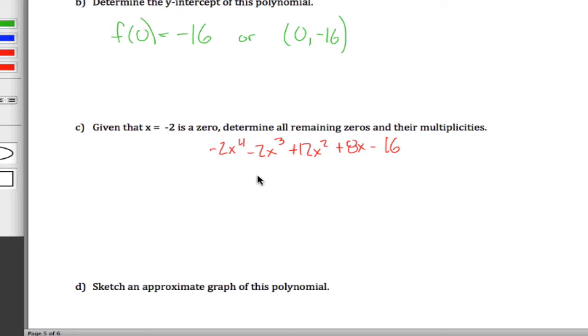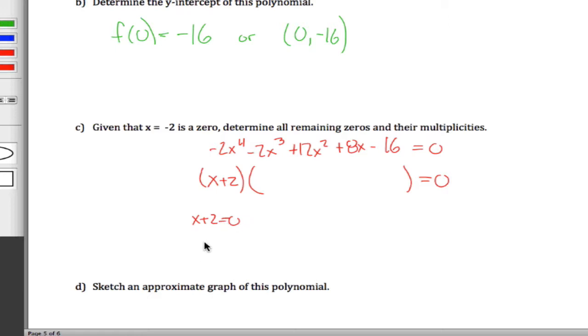If x equals -2 is a 0, that means when I set this thing equal to 0, and I solved, -2 was my answer. In order for -2 to be my answer, x plus 2 must have been one of the factors. Because when you get to this stage, you set each of these equal to 0.